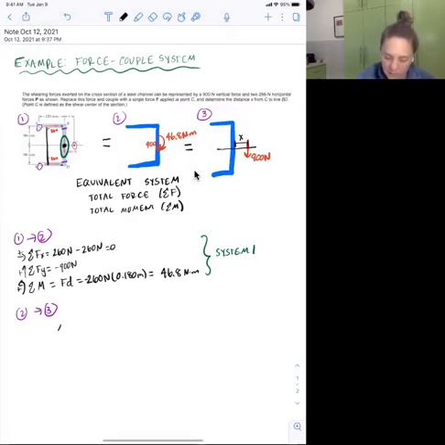Okay, so this 46.8 Newton meters needs to be equal to 900 newtons times some distance x. And so that x is equal to, if you solve it, you would get 0.052 meters, which is 5.2 millimeters.